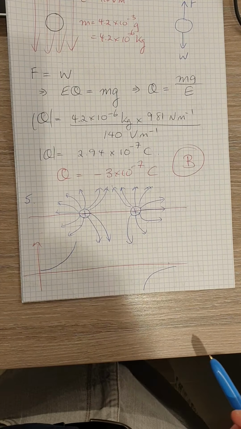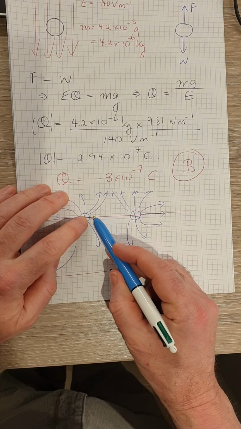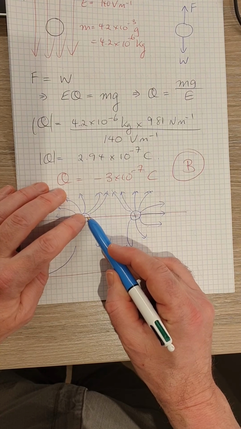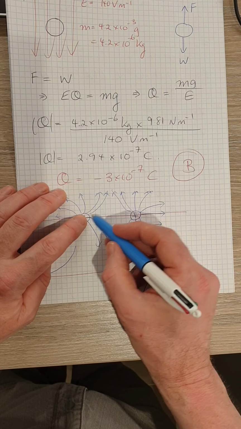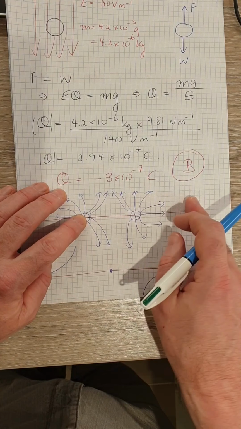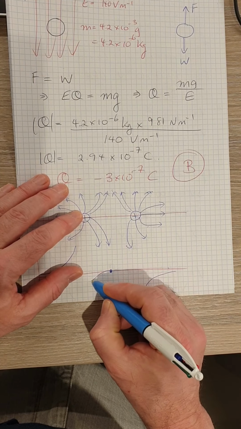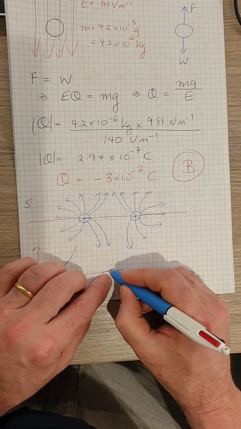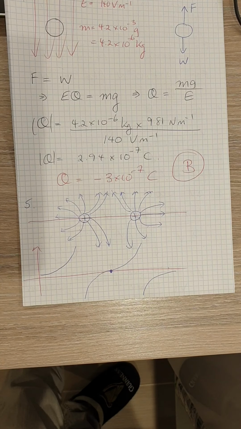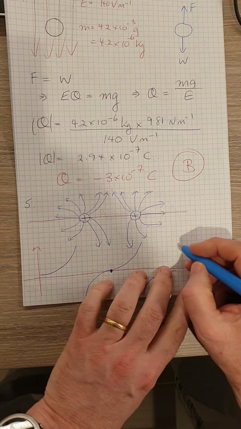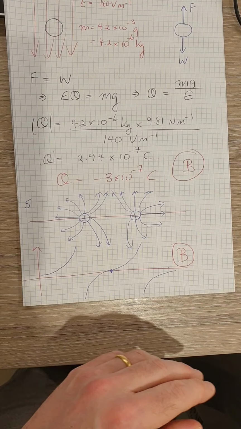Okay, and then we have a point in the middle where it's going to be 0, and then again it's going to be increasing as it approaches this charge, but now the arrows on this side are in this direction, so it's going to be like that, and the same on this side, like this. And that is most like answer B.